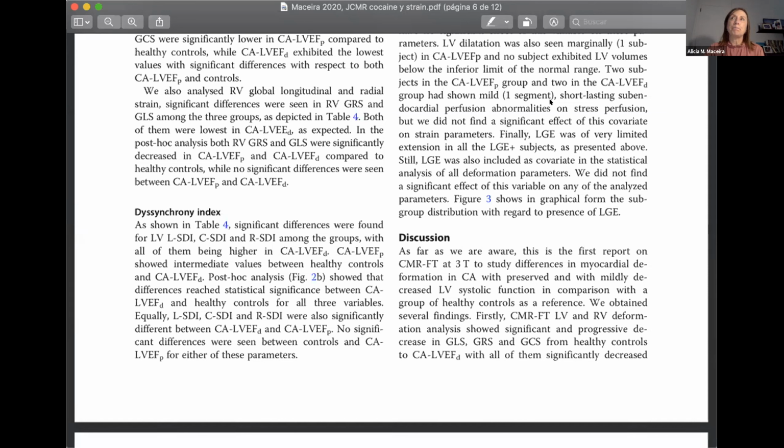So, from a clinical point of view, I don't think this will be implemented in clinical practice because it's a matter of funding, and we're short of that here. But from a research point of view, I think it's interesting and it's something we're still working on.